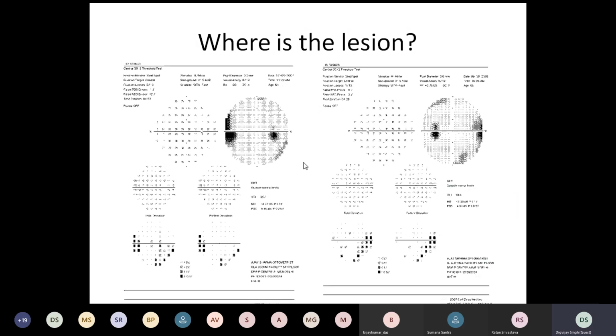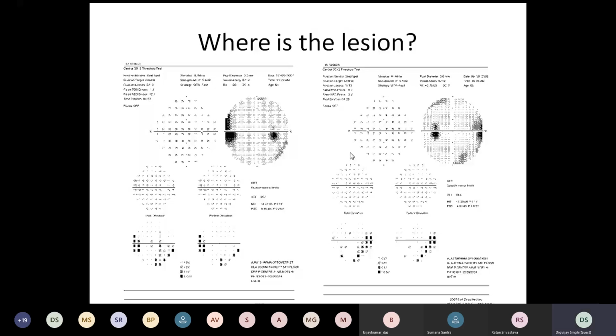Okay, let's come to this one. This is an interesting field. It had me slightly perplexed as well at one point. You can see that you're getting a Humphrey visual field on both sides, and you're seeing that there is a difference on the nasal aspect here and on the nasal aspect in the other eye. So, binasal field defect. What causes binasal field defects? Think about what you think can cause a binasal field defect.